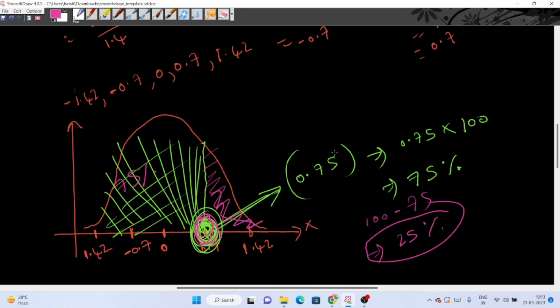Using this critical value, we have also found how to convert it into a percentage and find the different percentages of data available before and after a particular point on the standard normal distribution representation.